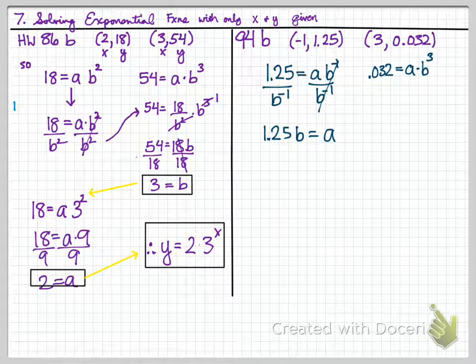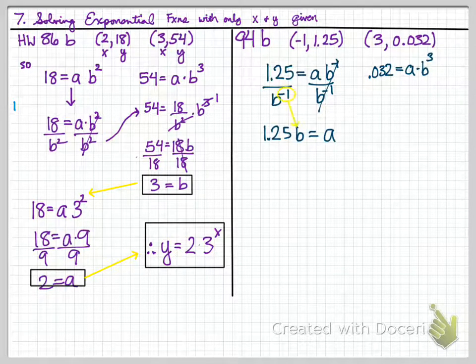And since that B to the -1 is underneath the 1.25, in the denominator, we take the B to the -1 power and move it to the numerator. So now we just get 1.25 times B equals A. So we're using our rules for exponentials in order to move the B back up to the numerator.